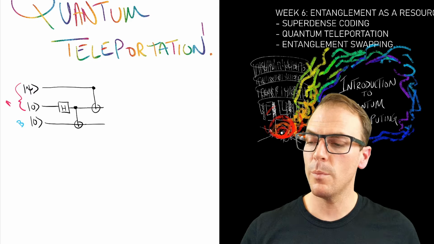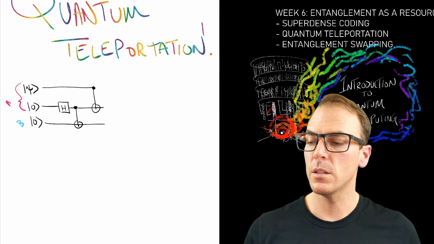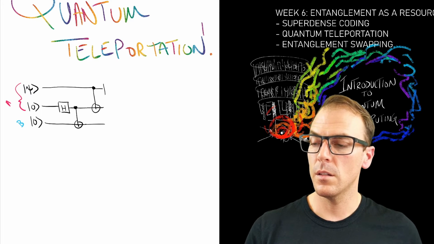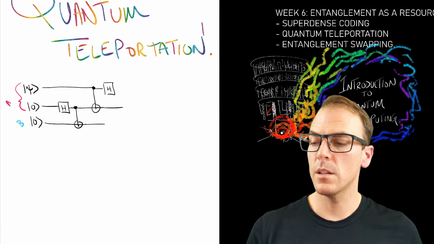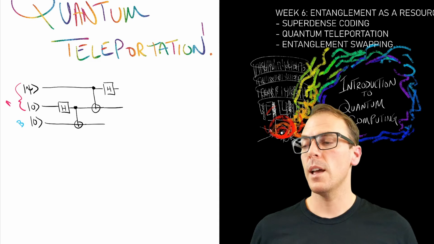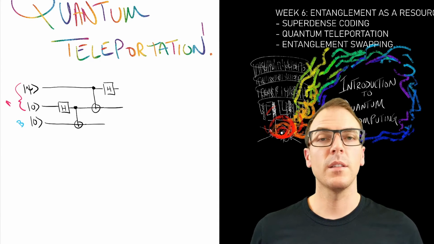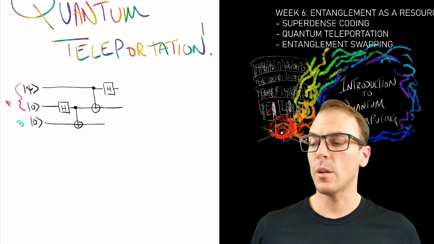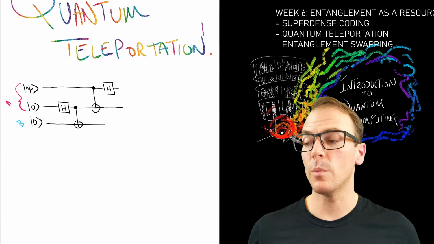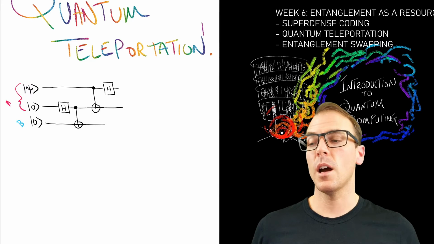Alice has some work to do still, so what she's going to do is perform a measurement. And just like Bob had to disentangle this encoded pair of qubits, one of which was sent by Alice, Alice here has to kind of swap this entanglement now from the original qubit she had with Bob to this other qubit.